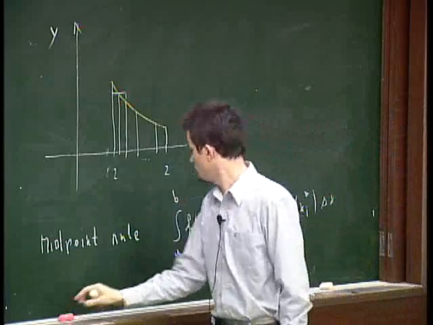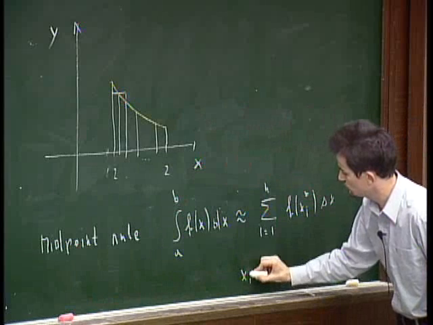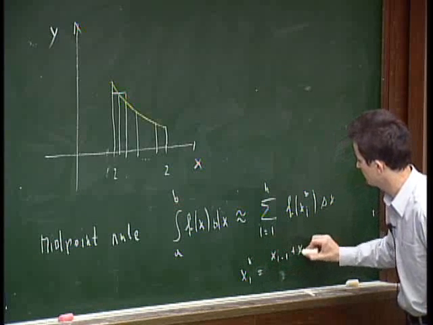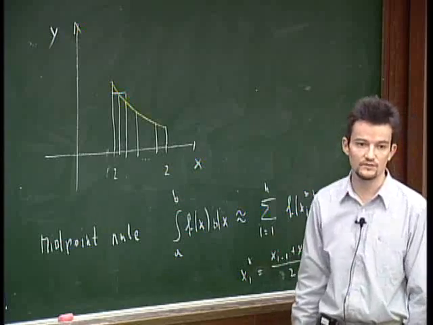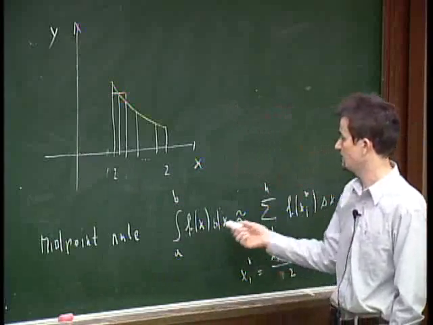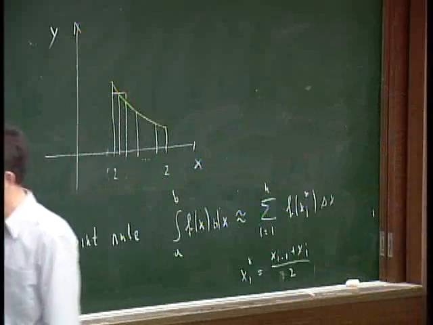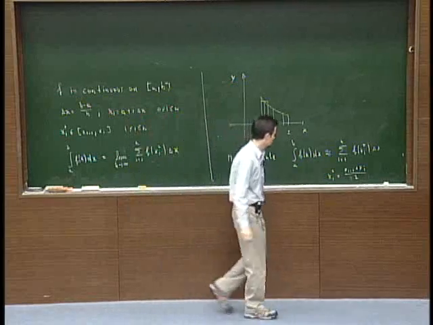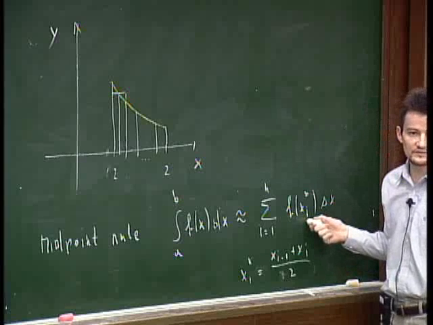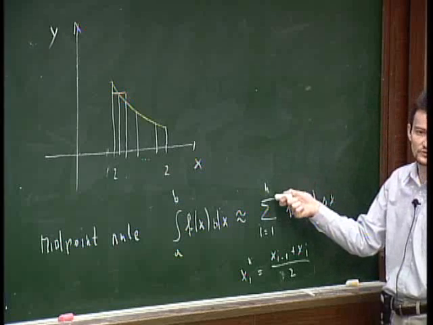But for x_i star, you use the special choice (x_{i-1} + x_i)/2, so you choose the midpoint of the i-th interval. The resulting rule to approximate a given integral is called the midpoint rule. And we will later prove that, of all the possible choices for the sample sequence, this is the best approximation you can achieve, if you fix n, of course.